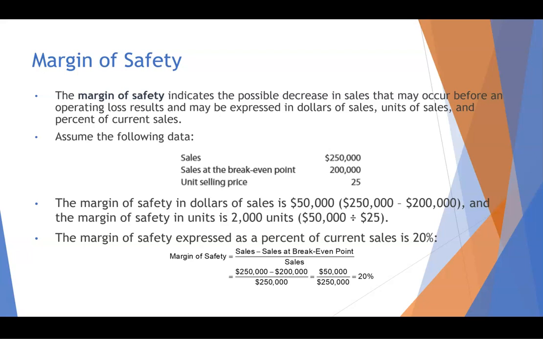The current sales may decline $50,000, which is 2,000 units or 20%, before an operating loss occurs. If the margin of safety is low, even a small decline in sales can result in an operating loss.